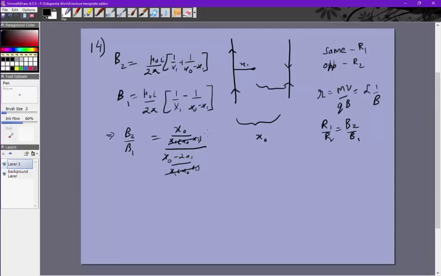So these denominators cancel. This is x0 by x0 minus 2x1, and we know x0 by x1 is equal to 3, so just divide by x1, we get x0 by x1, which is 3, divided by x0 by x1, which is 3, minus 2 times 1, which is equal to 3 by 1. So the answer to question 14 is 3.